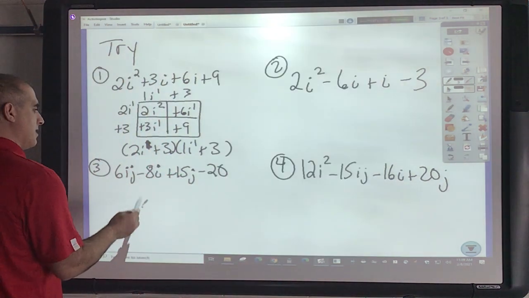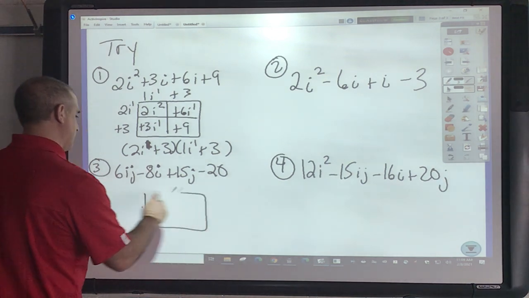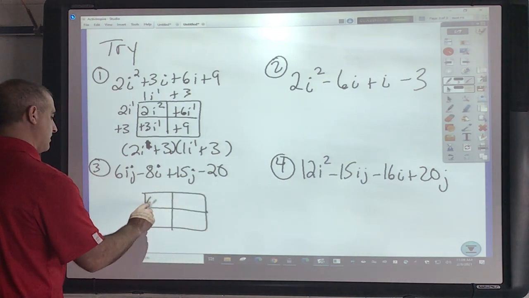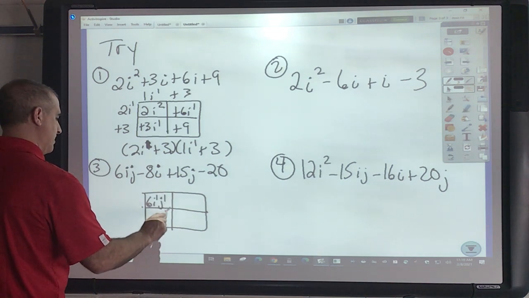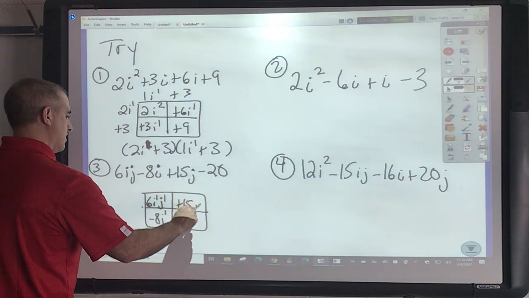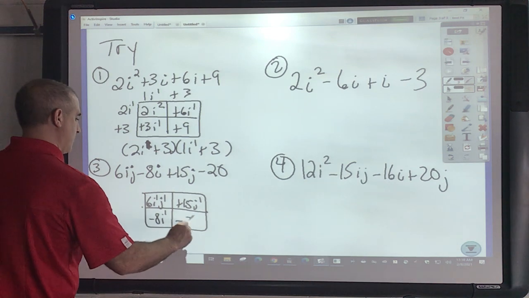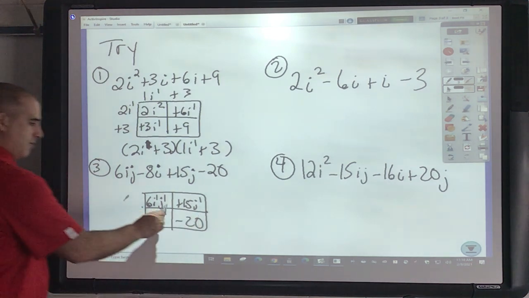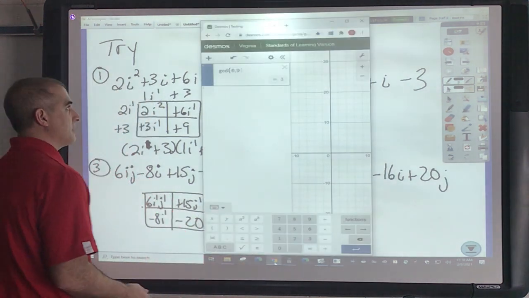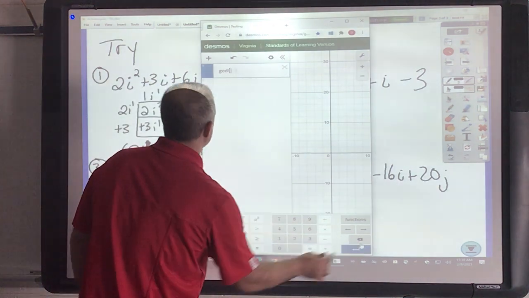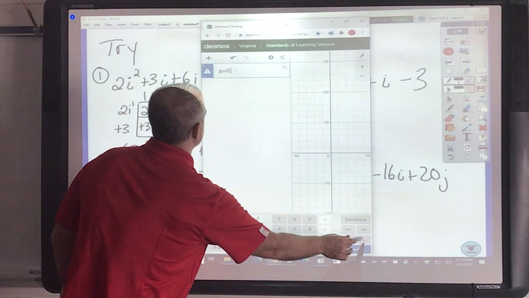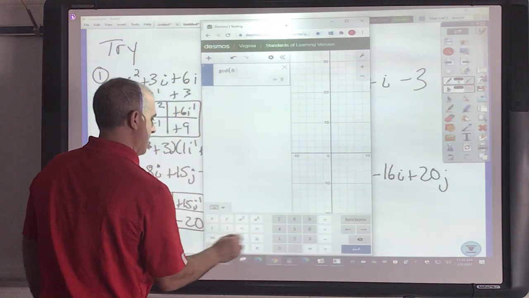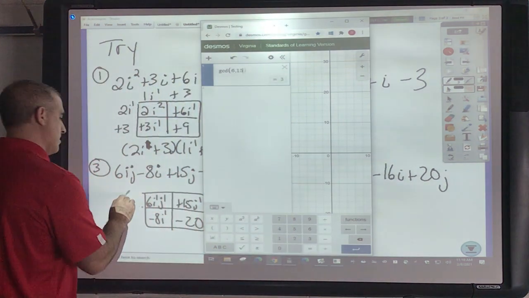Let's go ahead and do this one here. We'll do this box. 6i to the first j to the first, minus 8i to the first, 15j to the first, minus 20. Okay, so going through that row, I got 6 and 15. 6 and 15 gives me 3.